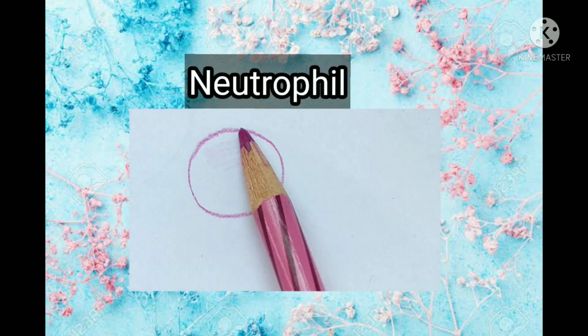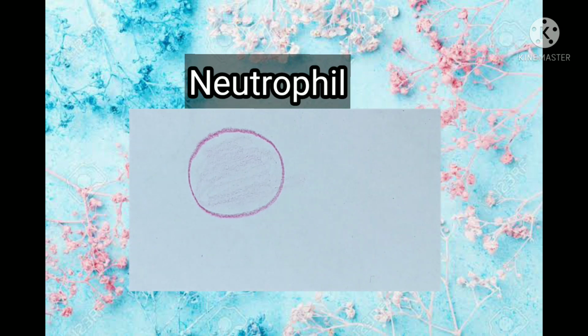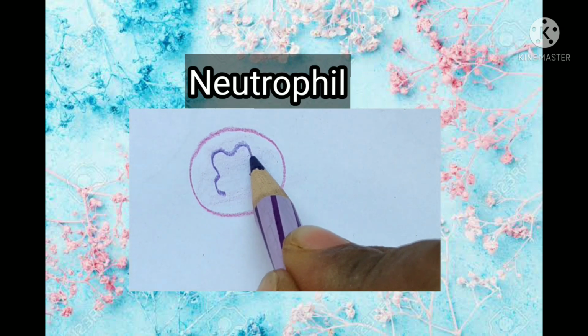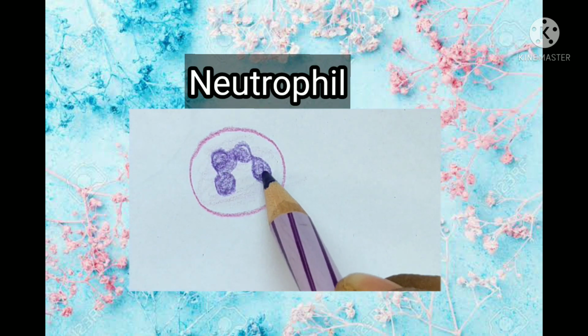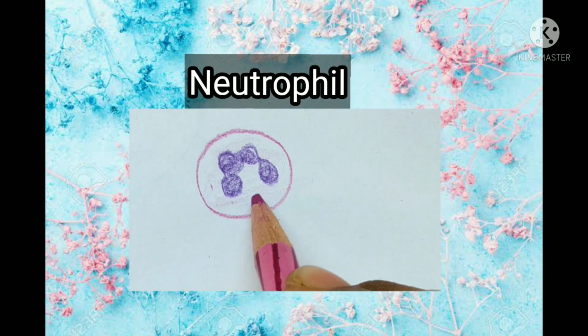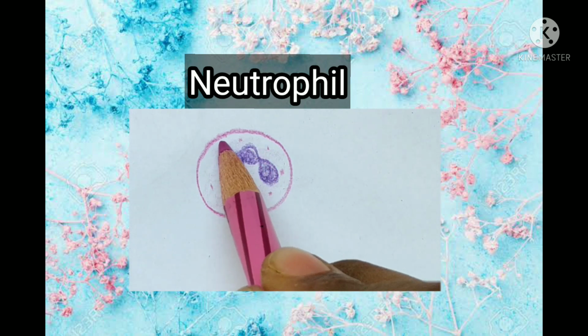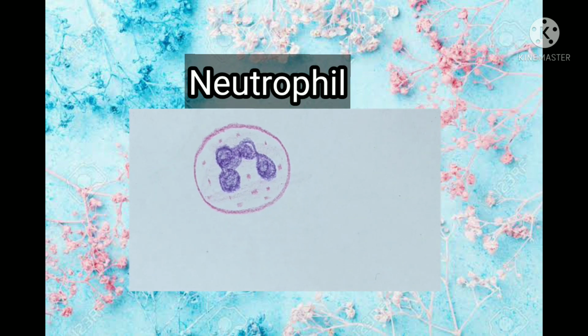The neutrophil usually comes from the blood and goes out into the tissues. They have a multilobed nucleus and very faint eosinophilic granules in their cytoplasm.